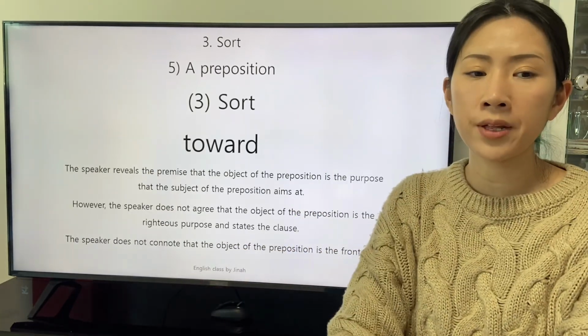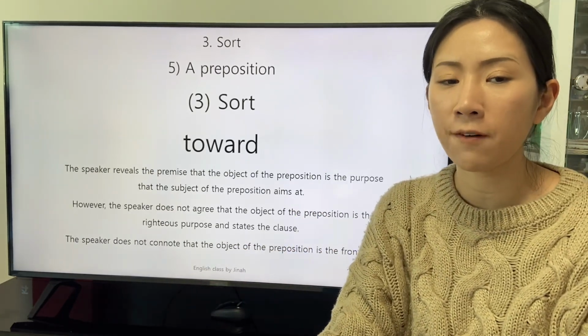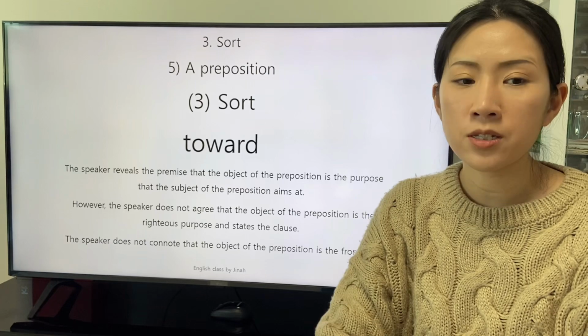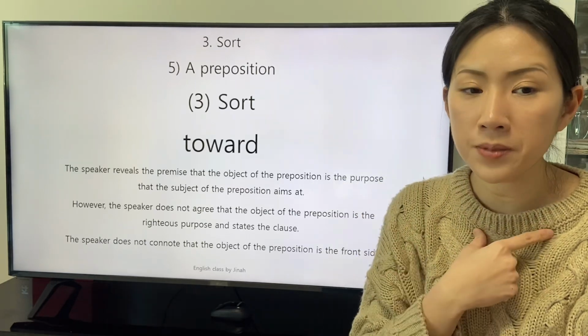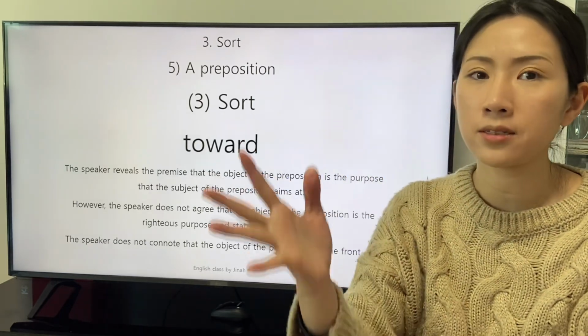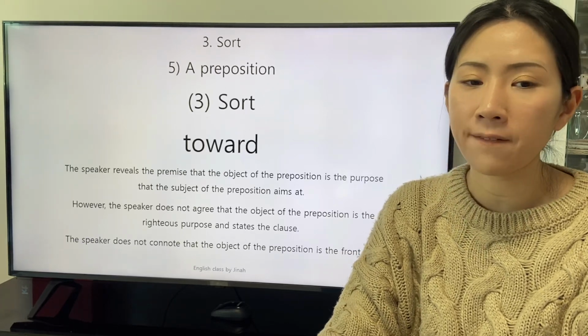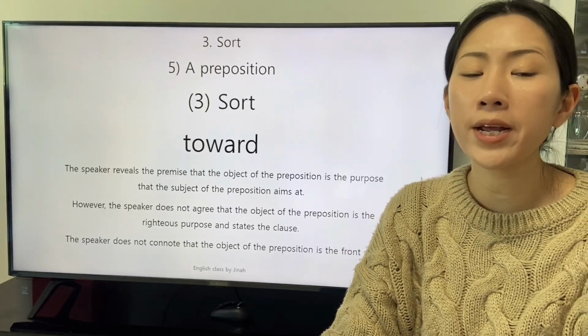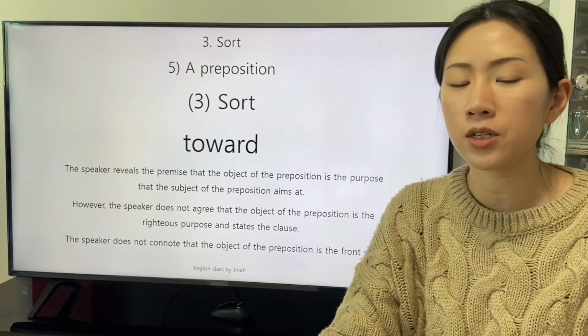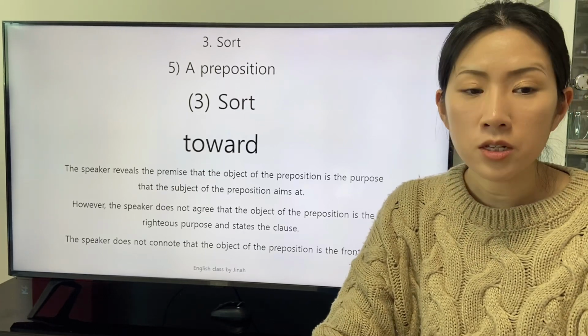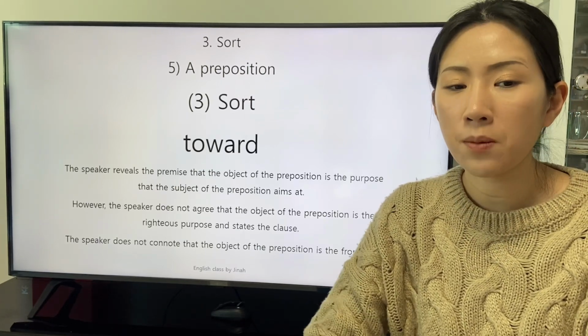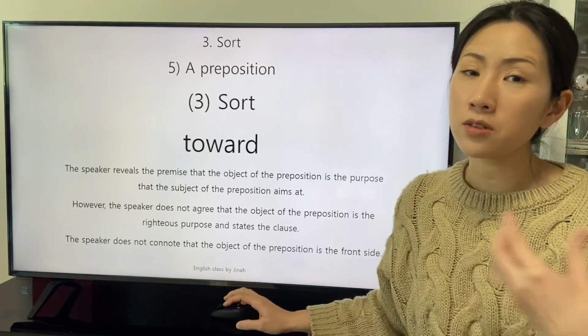The speaker reveals the premise that the object of the preposition toward is the purpose that the subject of the preposition aims at. However, the speaker does not agree that the object of the preposition is the righteous purpose and states the clause. The speaker does not connote that the object of the preposition is the front side.